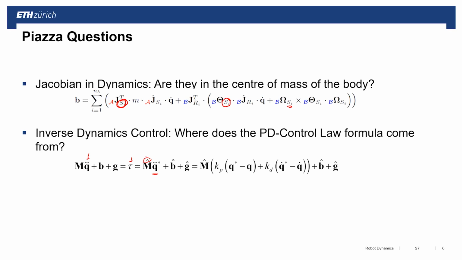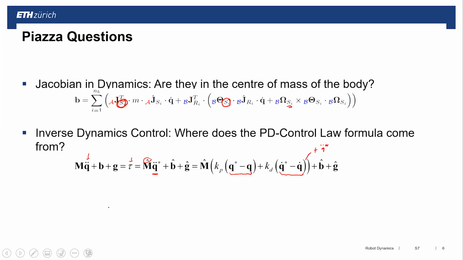The desired acceleration is a function of an offset in position and an offset in velocity. It can also be plus a q double dot star. So if I have a planner that also plans my q double dot star, then we have a feedback law in position, velocity, and acceleration that defines my actual q double dot.